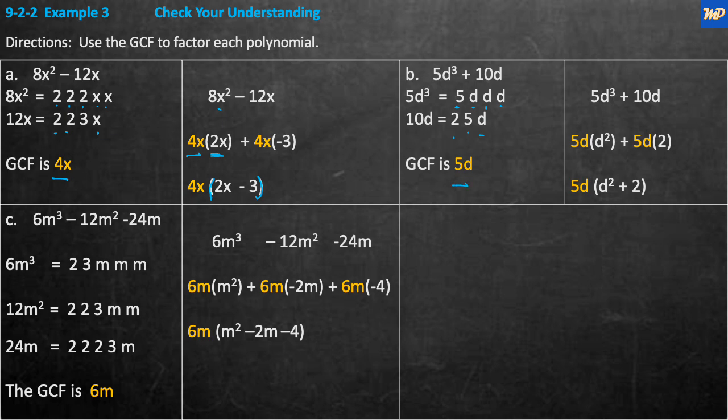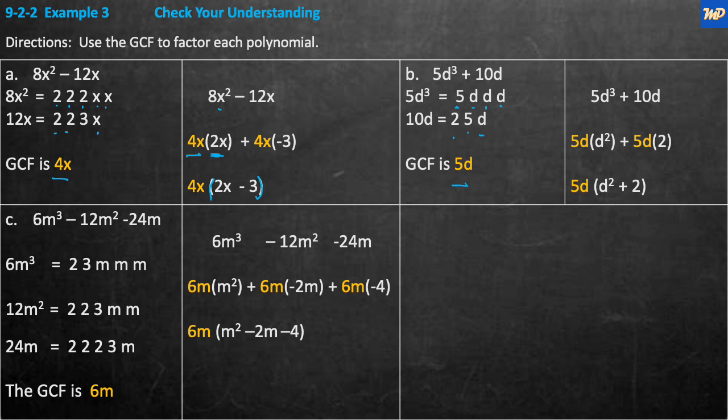So now to factor this 5d out of the binomial 5d cubed plus 10d, you get 5d times what gives you 5d cubed? Well, 5d times d squared will give you 5d cubed, because d times d squared is d cubed. And now what times 5d will give you 10d?